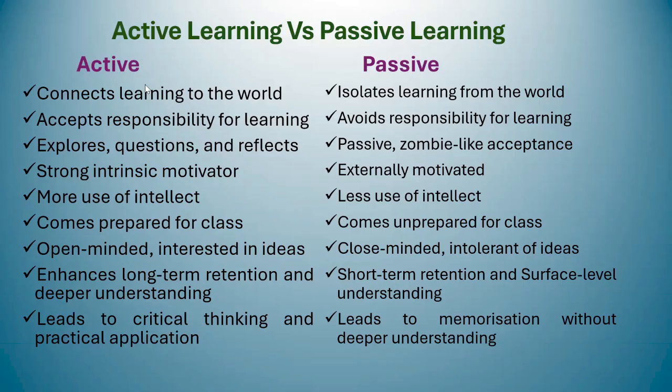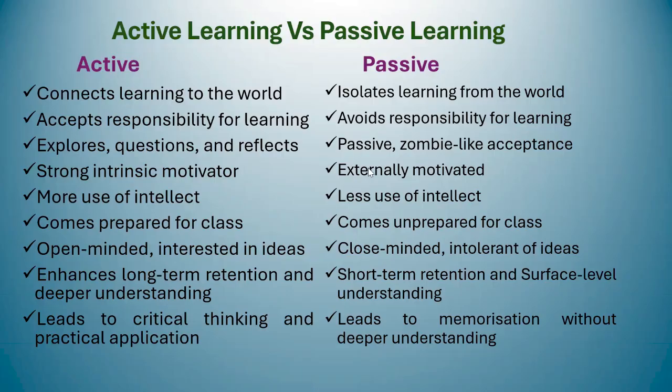Under active learning, what happens? It accepts responsibility for learning, and here avoids the responsibilities for learning. Under active learning, children get opportunity to explore, question, and reflect. But under passive learning, approach is passive.